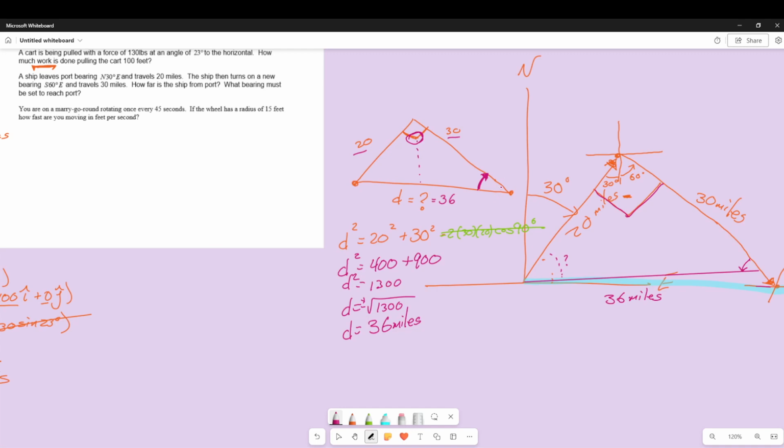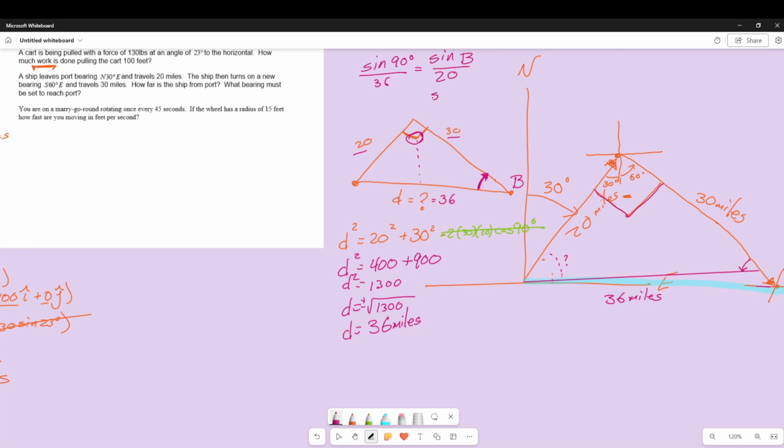And if we wanted to use law of sines, we could. I'll show you what happens if we use law of sines when we have a right triangle. It's just going to say the sine of that 90-degree angle in ratio to the 36 has to be the same as the sine of this angle we're looking for, I'm going to call it B, in ratio to the 20.